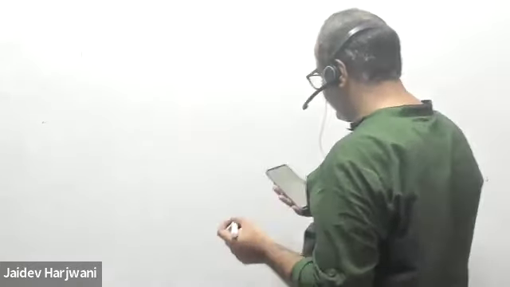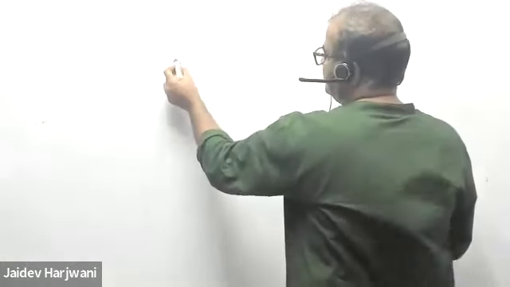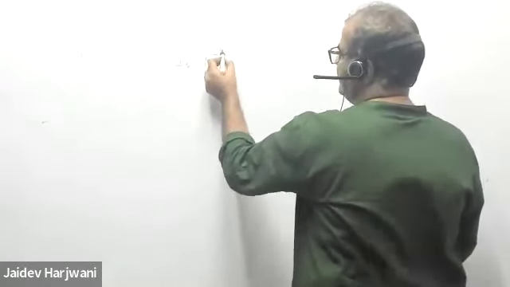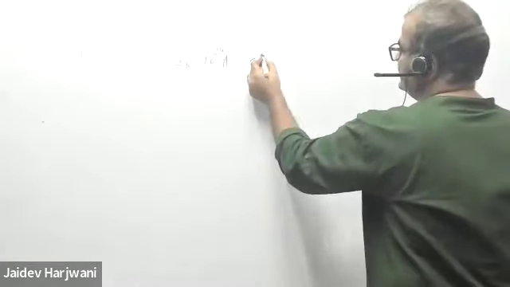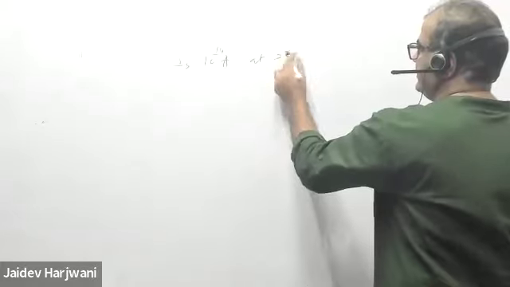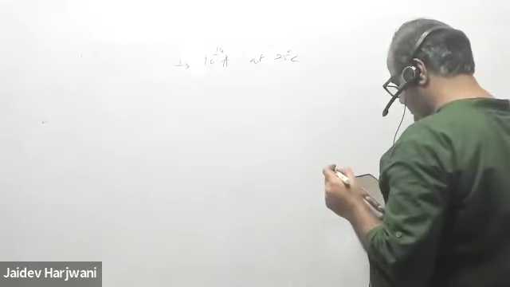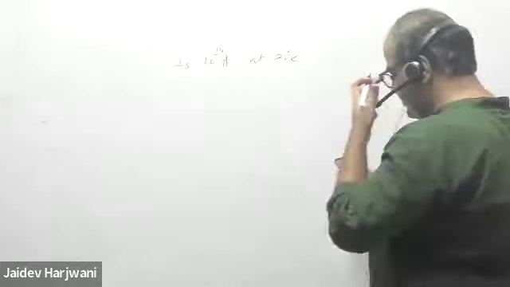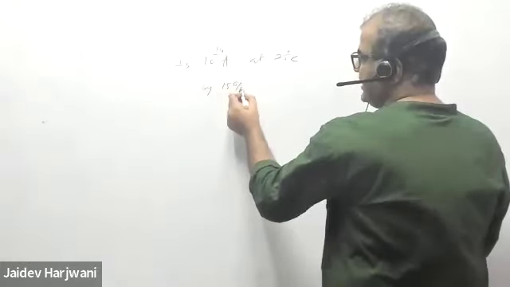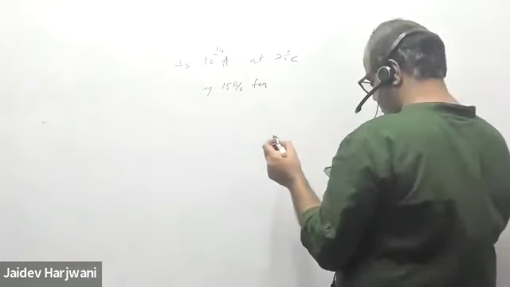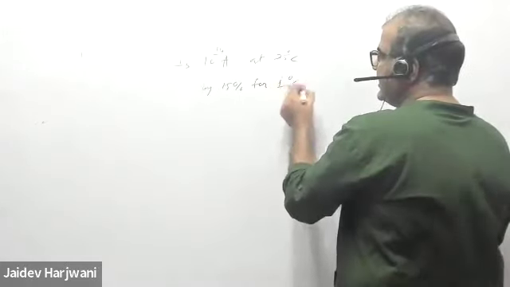Using the fact that a silicon diode has a reverse saturation current of 10 to the power minus 14 ampere at 25 degrees centigrade, and now the reverse saturation current increases by 15% for 1 degree centigrade rise.